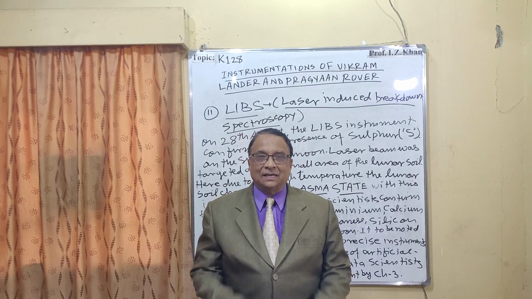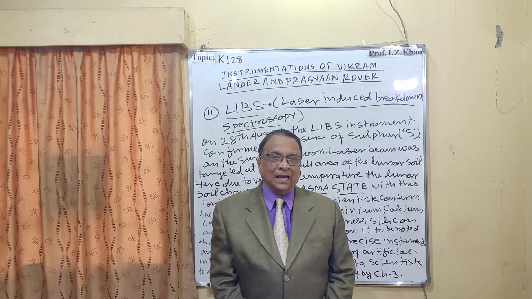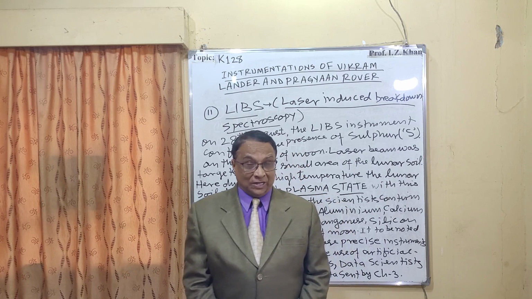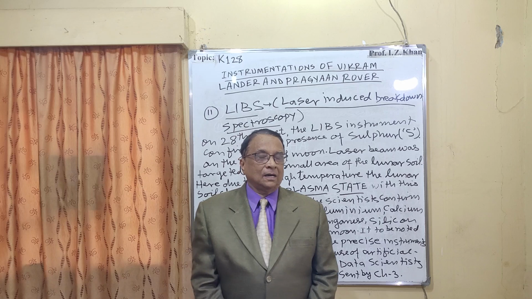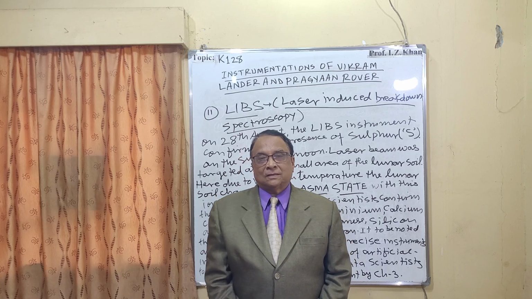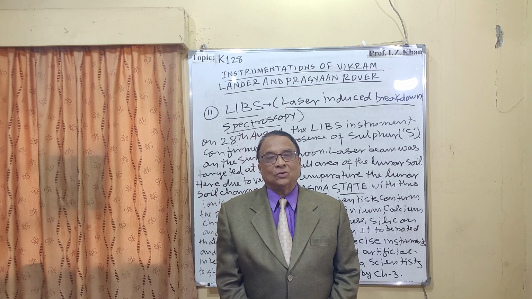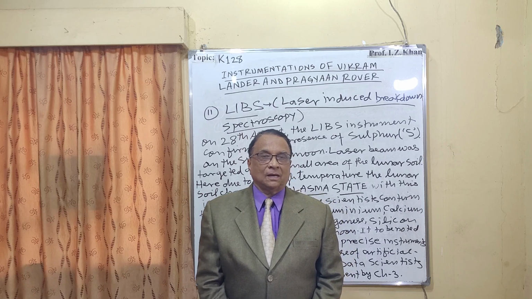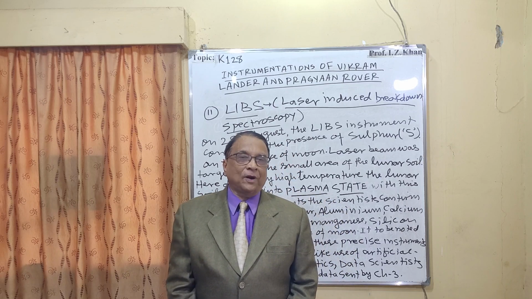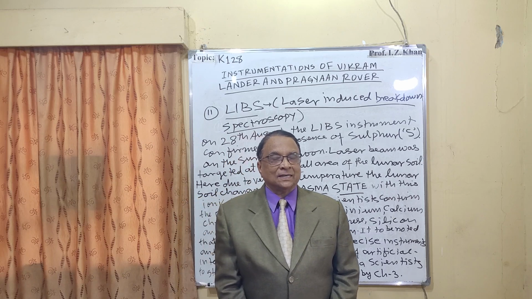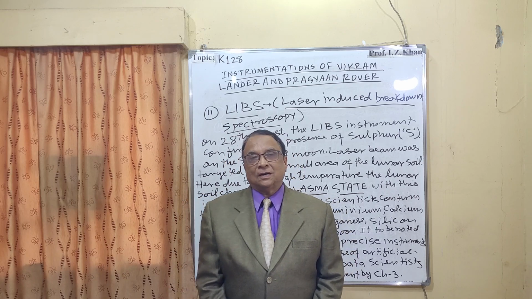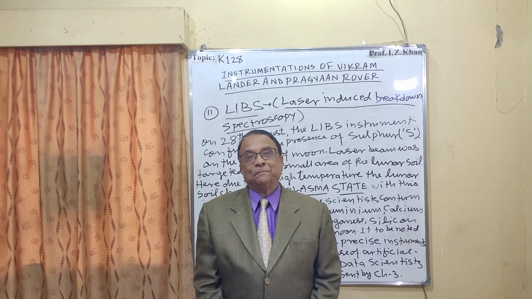So the second instrument, named LIBS, is a very, very powerful instrument of our rover and lander, which was on the surface of the moon. The full form of LIBS is laser induced breakdown spectroscopy.